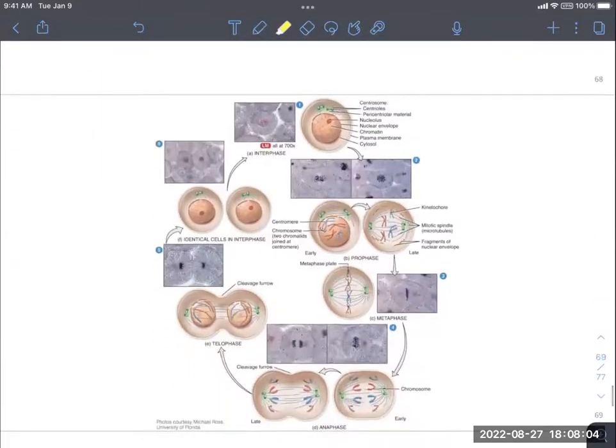So let's look at this. During interphase, phase 1, things start to replicate. We get more than one. We get two sets of everything. Prophase, things are separating even more.